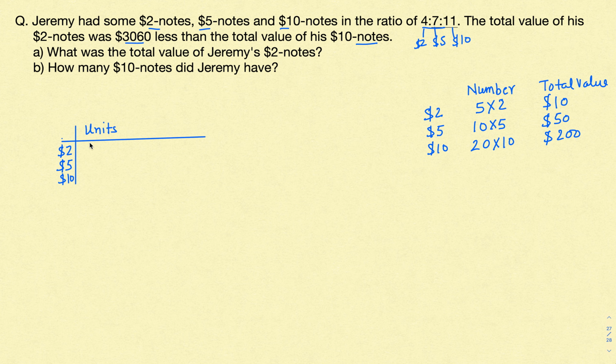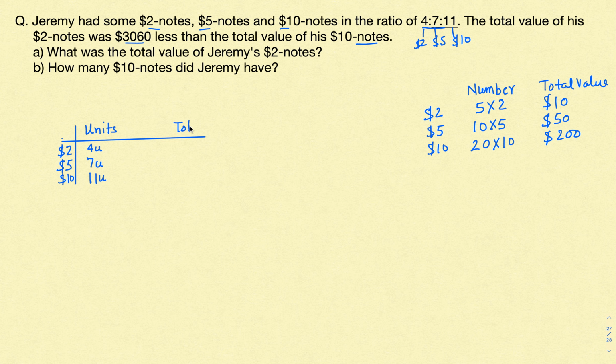So for $2 notes it's 4 units, I can write here 4 units. For $5 it's 7 units, and for $10 it's 11 units. Now if I have to find the total value of these notes, how should I go ahead?